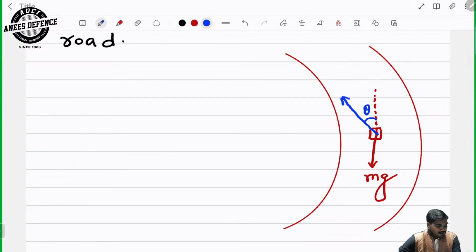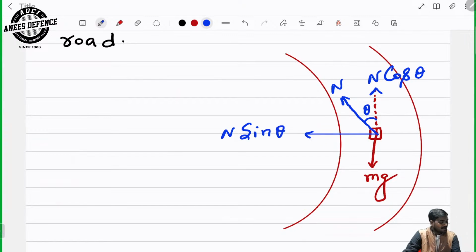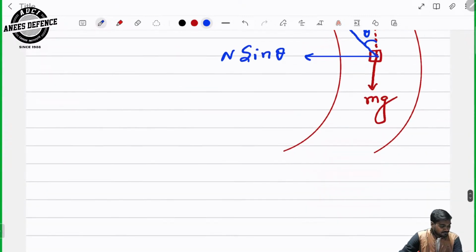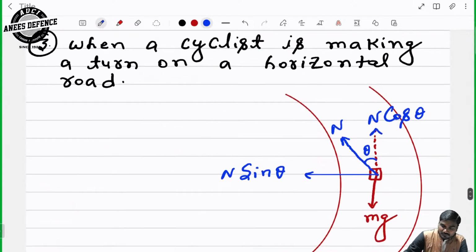Yes or no? Yes. And this is nothing but what? Normal reaction. So when you take components of the normal reaction, mg will be balanced by N cos theta. And this component, N sin theta, will be the centripetal force. Yes or no? Yes. N cos theta is equal to mg and N sin theta is equal to centripetal force. So apply that trick.